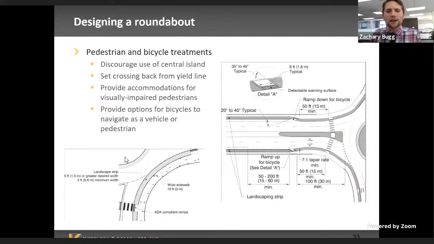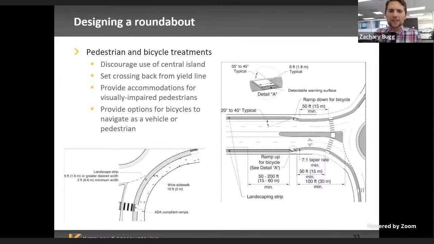So I'll turn back to this image over here because it's single lane and much easier to process. We typically like to set back the crosswalk about a vehicle length, so about 10 meters or so from the yield line, so that you separate and limit the number of decision points for each of the users.